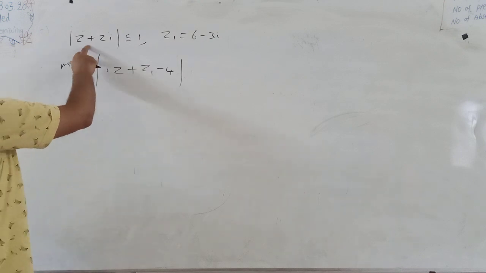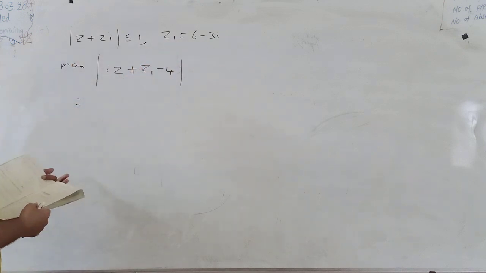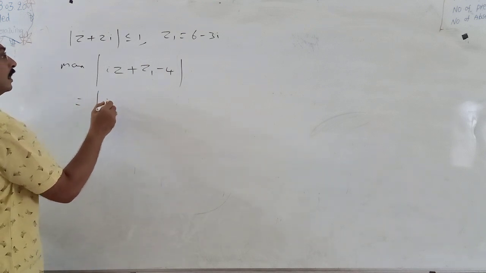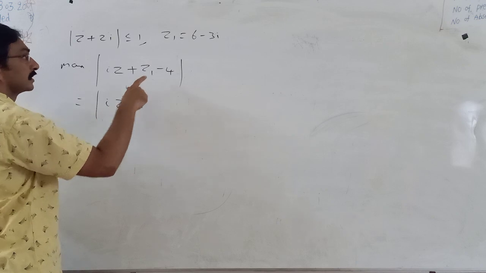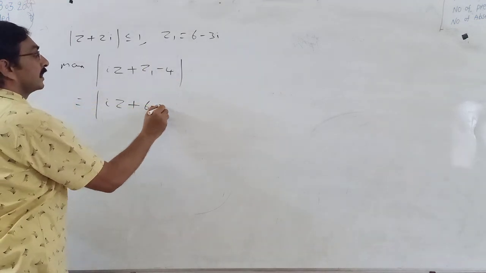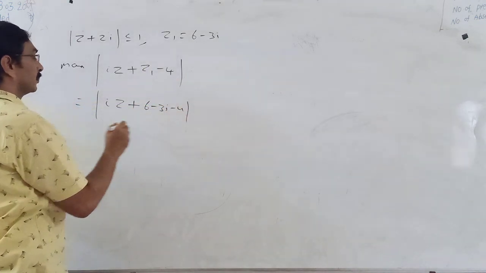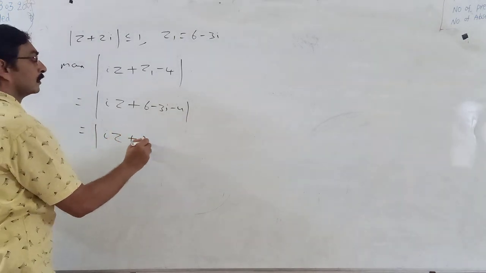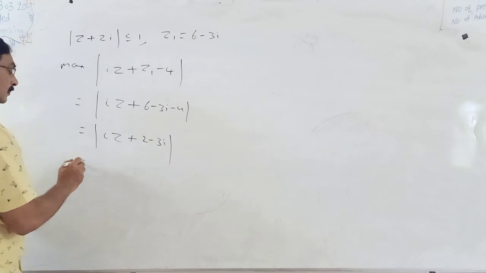So by using these two, we can find the maximum value of this one. See, first, iz plus z1 is 6 minus 3i minus 4, equals iz plus 6 minus 4, 2 minus 3i.